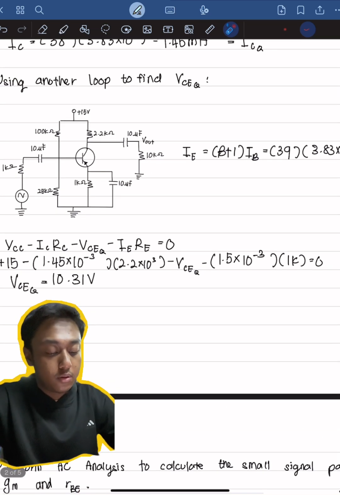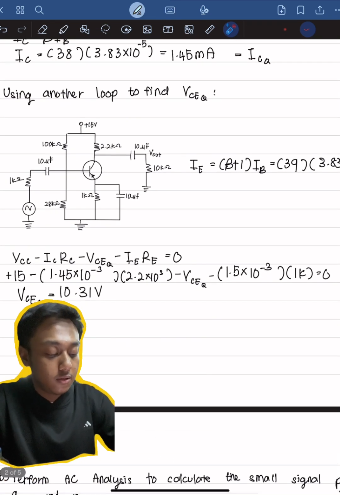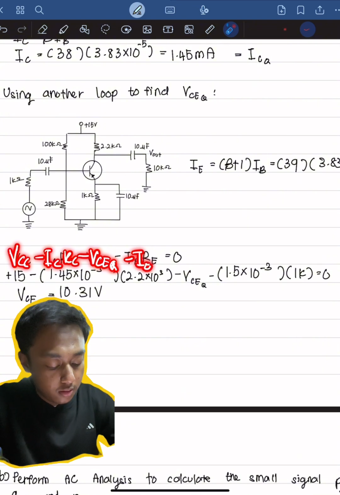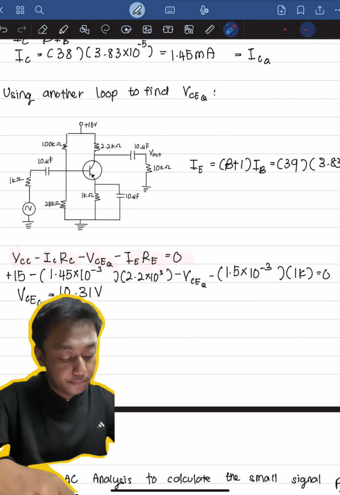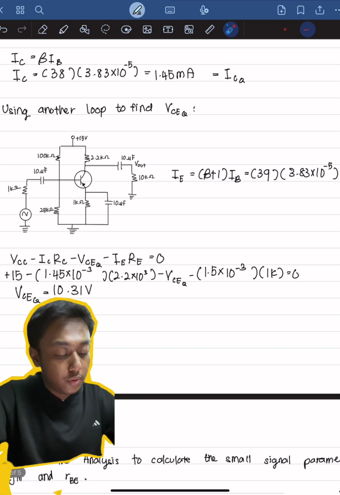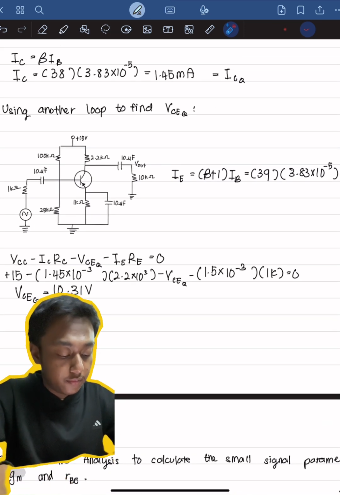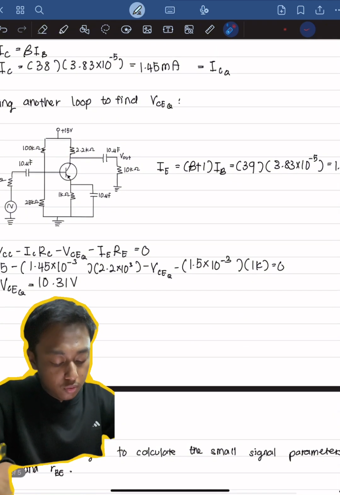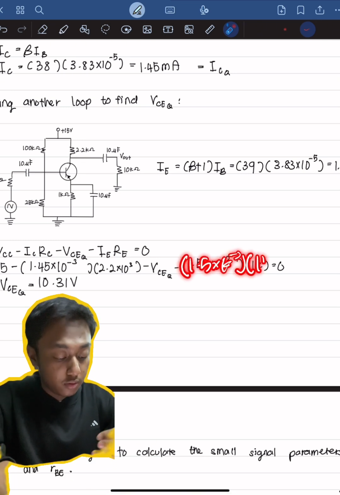Finding another loop, we can see that VCC minus IC RC minus VCEQ minus IE RE equals 0. We can replace the VCC with the value itself, 15 minus IC, 1.45 times 10 to the power of negative 3 times 2.2 times 10 to the power of 3, minus VCEQ minus 1.5 times 10 to the power of negative 3 times 1k equals 0.